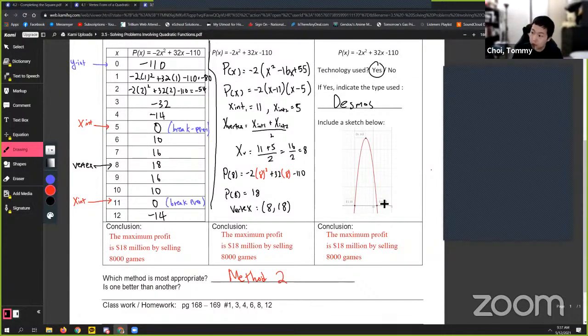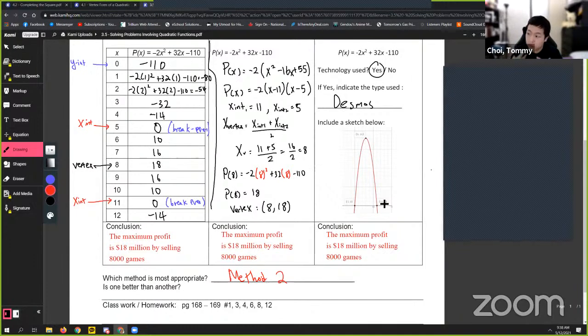So yes, method 1 is fine, especially when you know where the vertex is and it's not going to be really far down, right? At like x equals 25 or something like that. You can definitely do method 1. But method 2 avoids all of that because you're quickly solving for those key points, right?